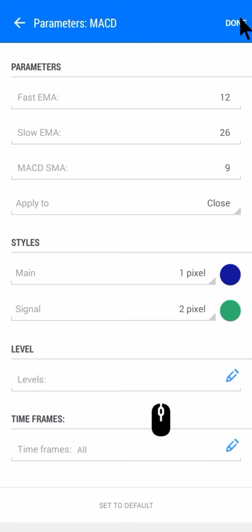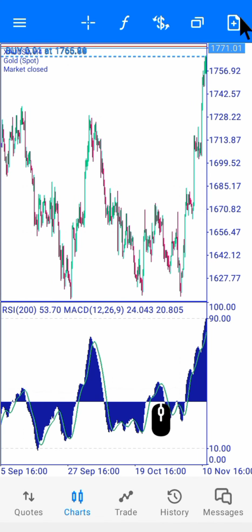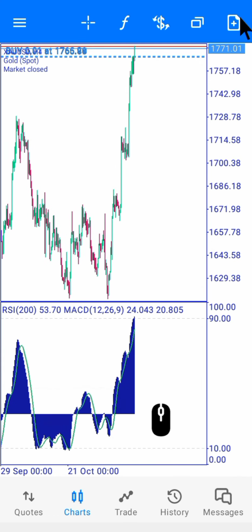You can leave them. Then you come back and click done. Then when you come on our chart, you can see now we have added MACD. Now we are determining the momentum of bulls and bears.